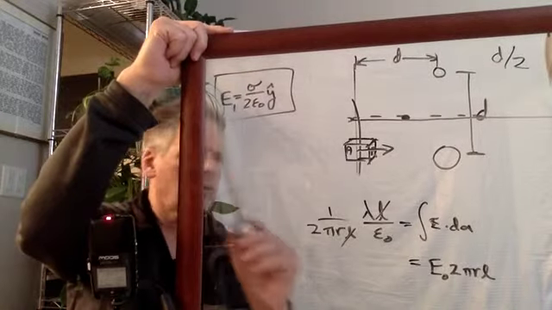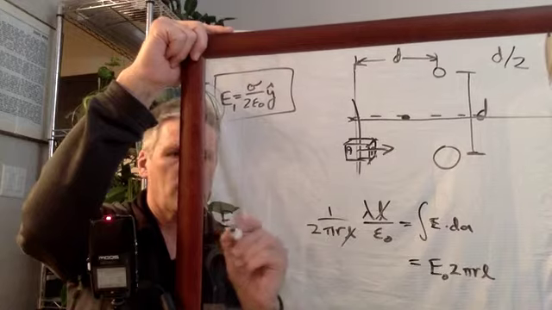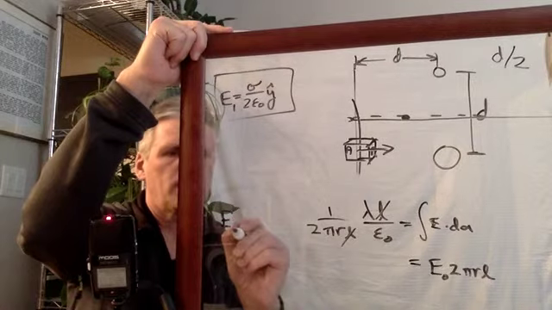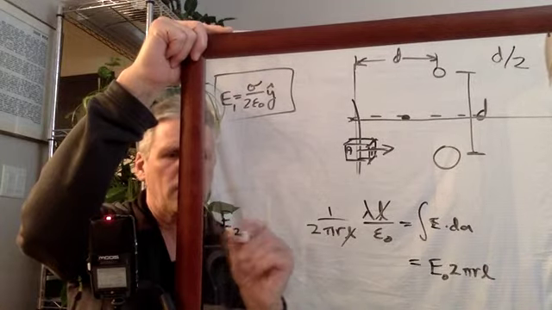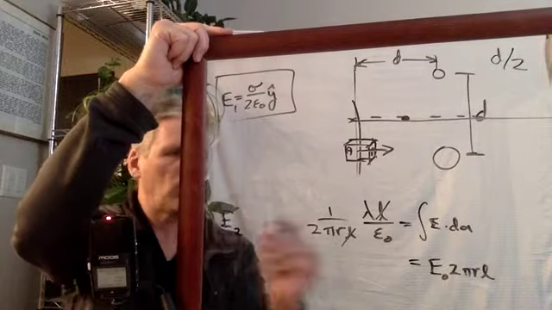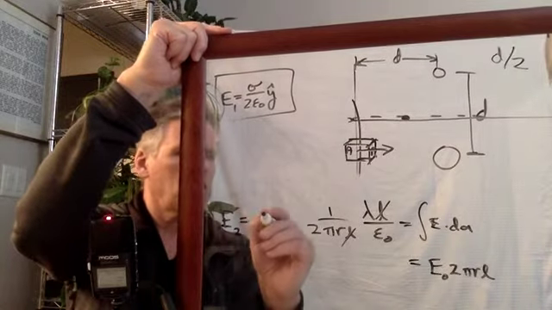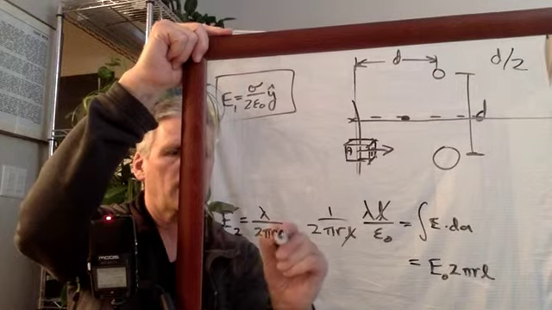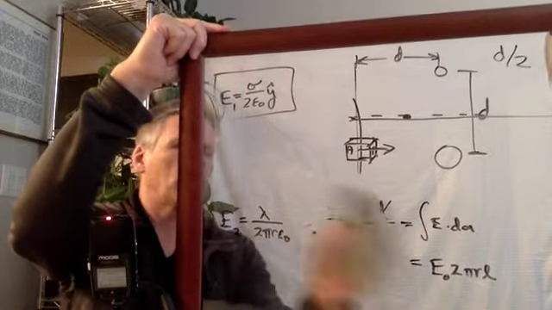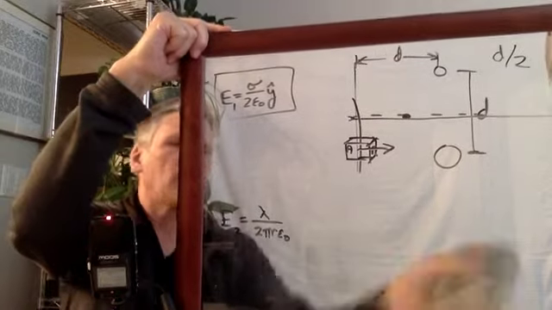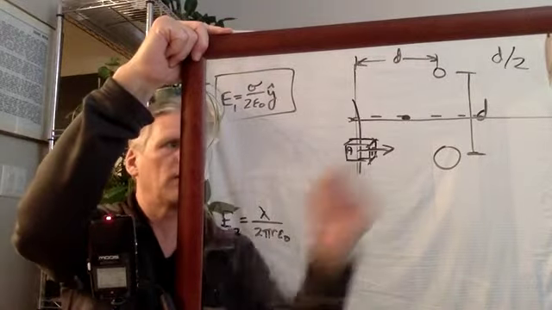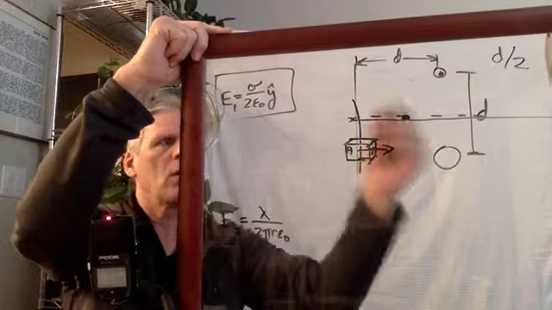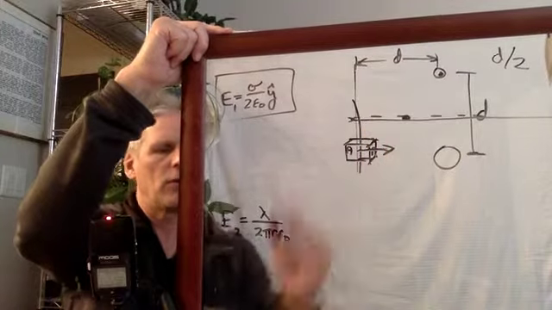I'm going to call this E2 instead of E0, I'm just changing my name, equals lambda over 2 pi R epsilon 0. And then the question is, what direction is this? Well, it's in the r hat direction from this spot right here, which is at d over 2.